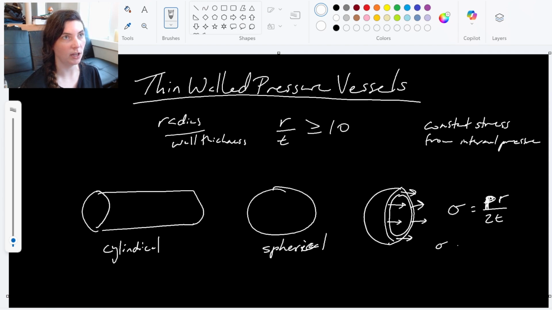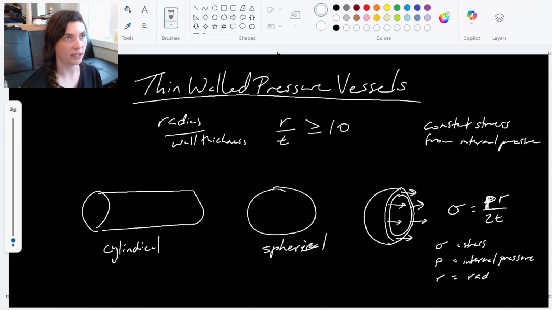Sigma is your stress, and P is your internal pressure. That usually has the same units as the stress, ksi, psi, pascals, whatever stress units you're using. Your R and your T should have the same units as well. They should both be distance units.